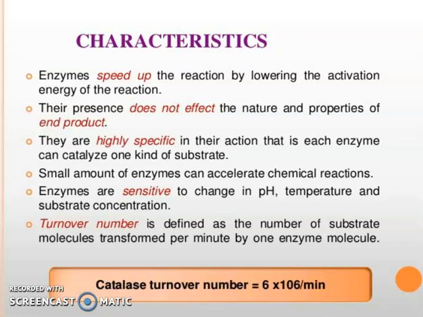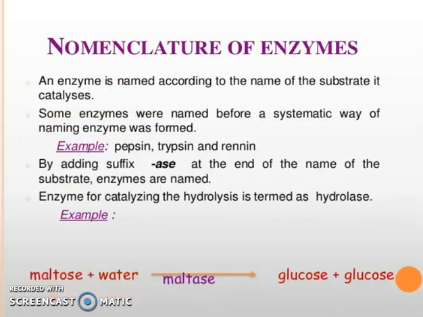Enzymes are sensitive to changes in pH, temperature, and substrate concentration. Turnover number is defined as the number of substrate molecules transformed per minute by one enzyme molecule. The catalase turnover number is 6 into 10^6 per minute.